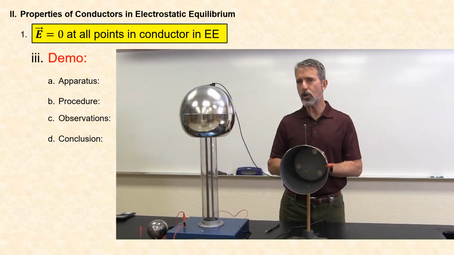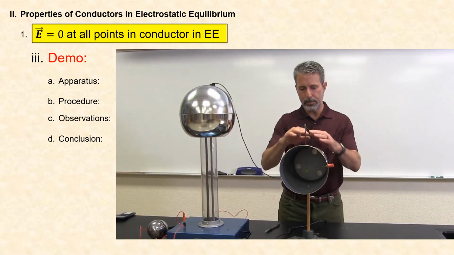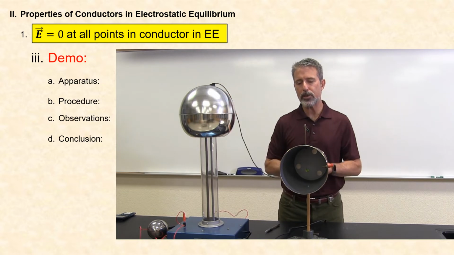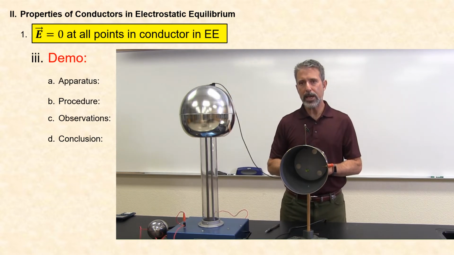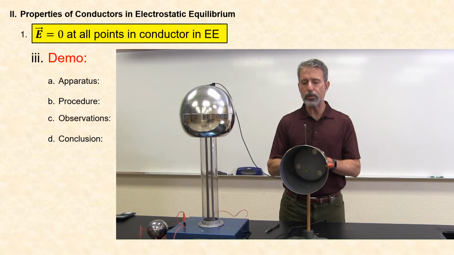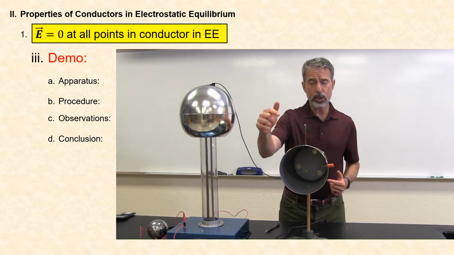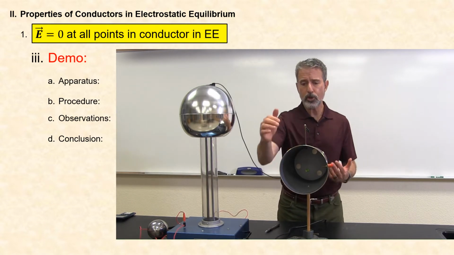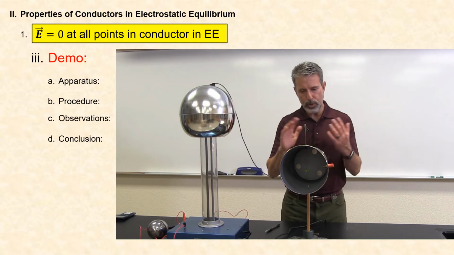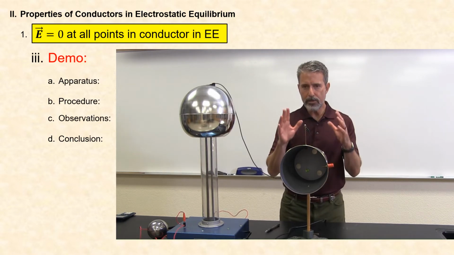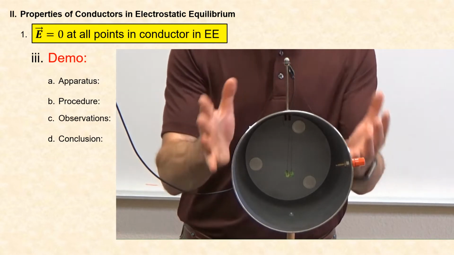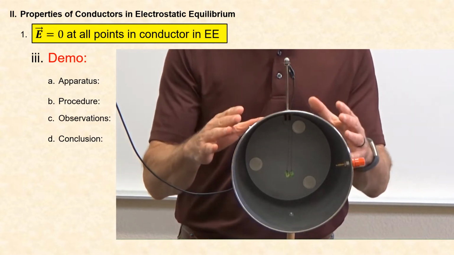Right now it is uncharged, but soon enough we're going to charge it up with the dome of this Van de Graaff generator. And if what we're saying is true, then as long as there is no other source of charge on that interior region, which there will not be, then the electric field in that interior region of this garbage can should be 0.